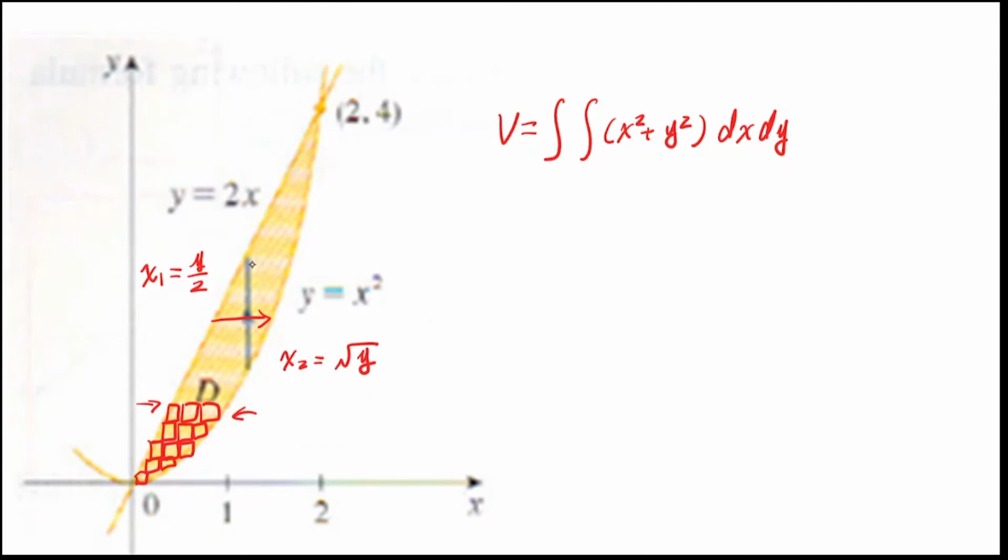So the inner integral has to start from a function and end at a function. You get it? So here I'm going to put x1 is equal to y over 2. And here x2 is equal to square root y. Do you agree with this setup? And then my y variable will start from 0 all the way up here, which is 4.